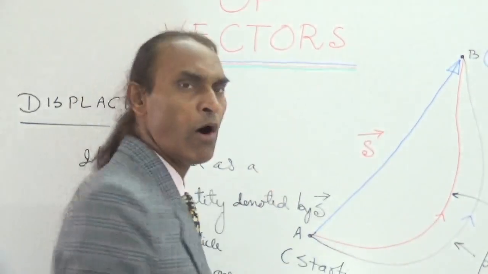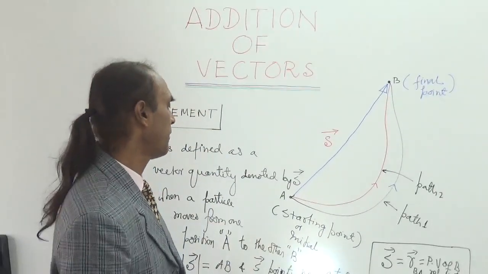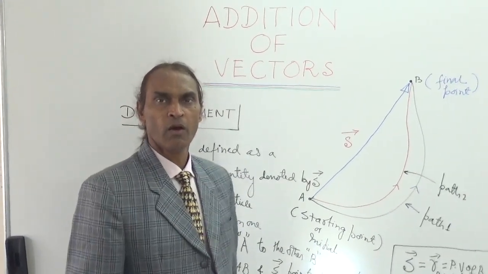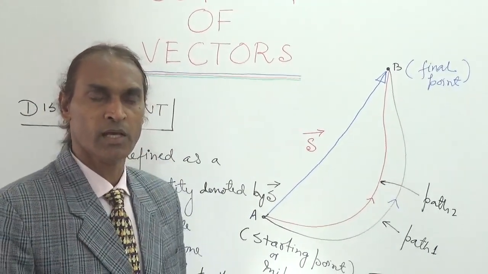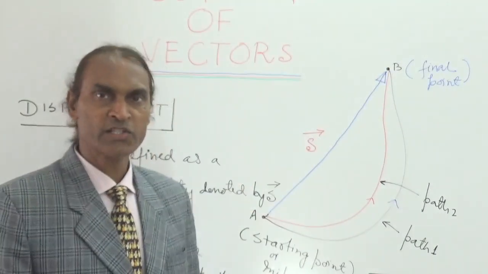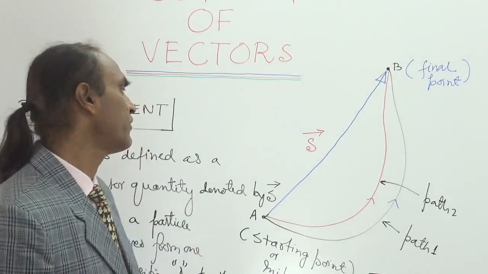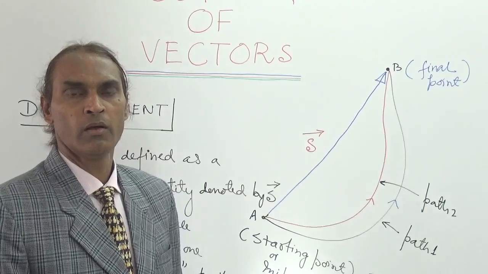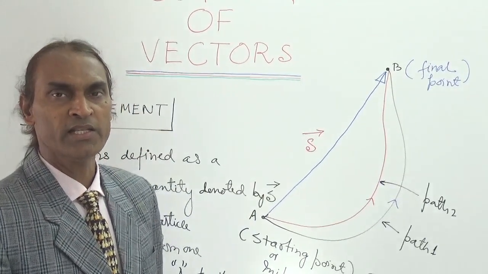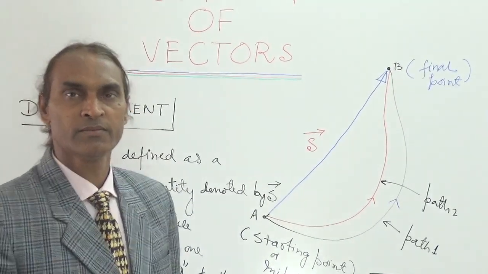Using this most powerful vector, which will serve as a prototype, a scale to understand the other vectors, we will press it to explain you what exactly the addition of displacement is.